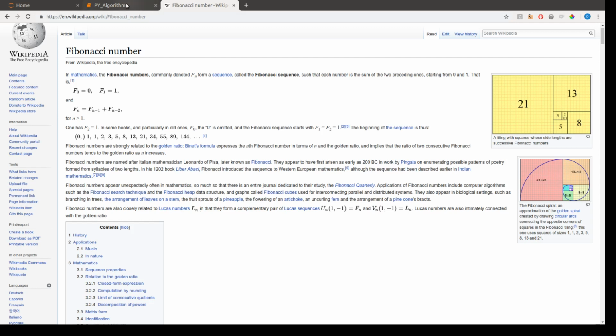And when we see a formula like this, or can express a problem in a relationship like this, where the current result depends on the same formula applied to past results.